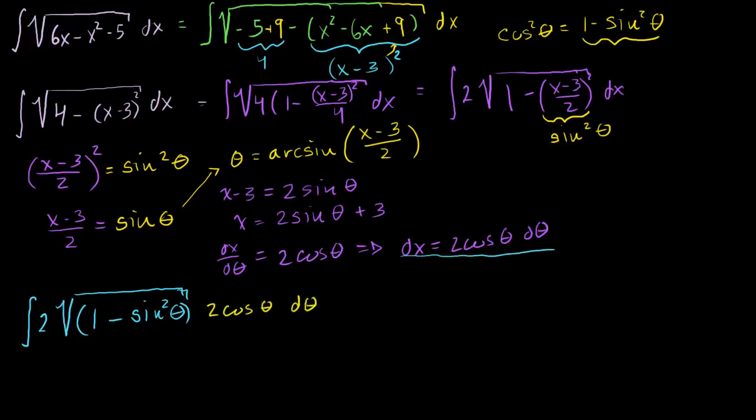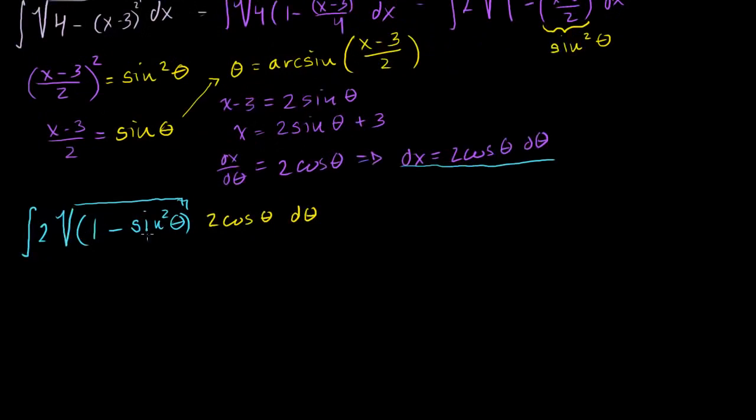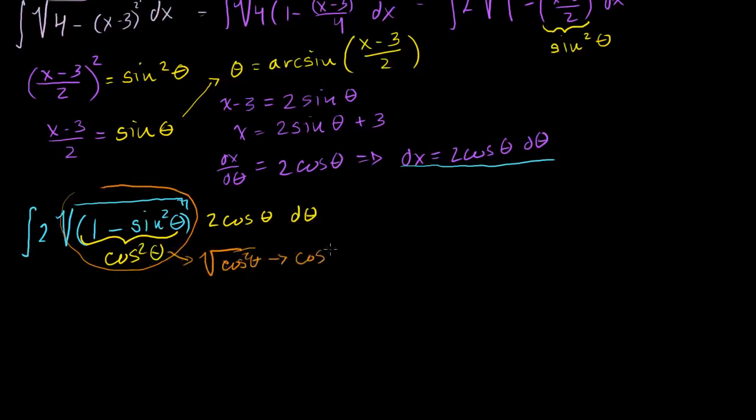Now, what does this simplify to? This 1 minus sine squared is just cosine squared of theta. And we're going to take the square root of cosine squared of theta, which is just the same thing as cosine of theta.